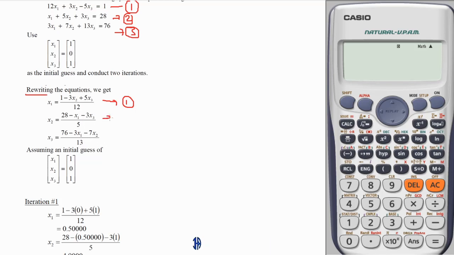So ito na yung modified equation 2. Then ang pangatlo, kukunin natin yung x sub 3 in terms of x1 tapos x2. Kaya magiging modified equation na rin natin 76 minus 3x sub 1 minus 7x sub 2 over 13.